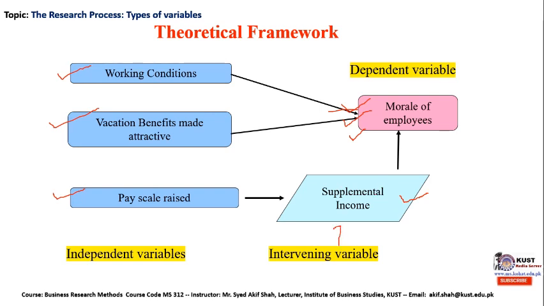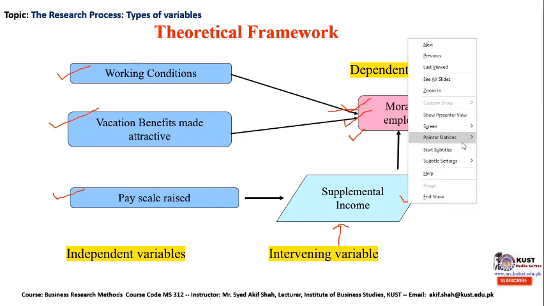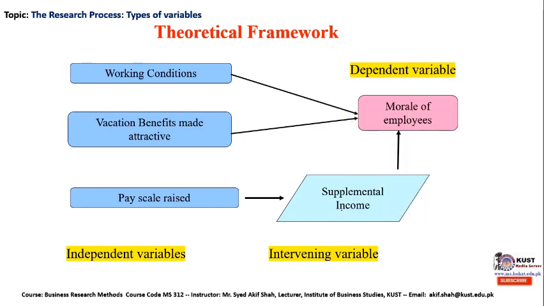At this point, the supplemental income is intervening because it is impacting the influence of the pay scale rise on the morale of the employees, as hypothesized by the manager: all those people who have supplemental income, their morale will not be boosted at all, and only those who do not have supplemental incomes, the additional pay increase will definitely result in an increase in the morale of the employees.